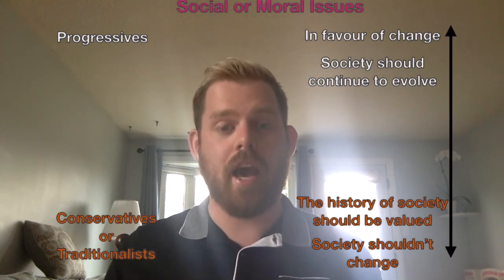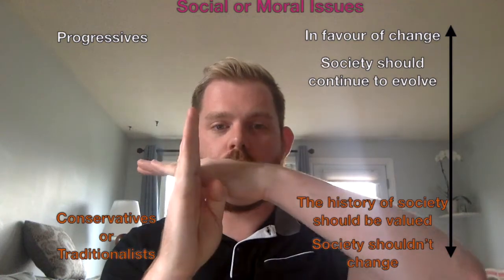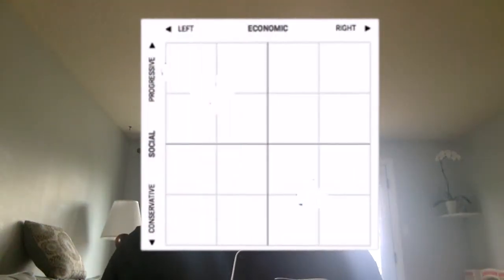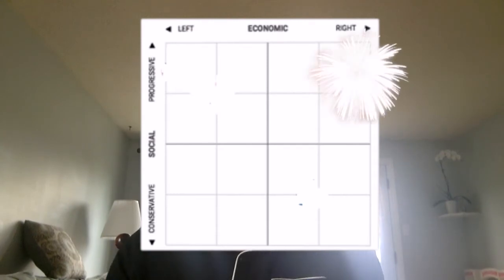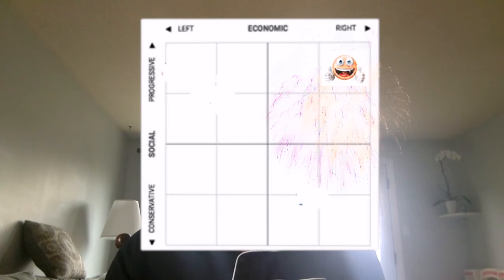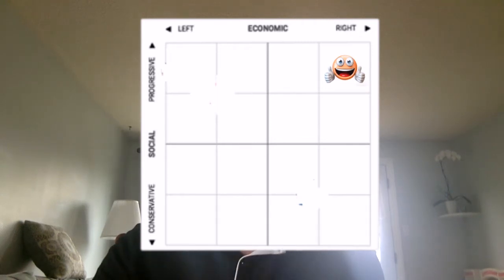The reason why you put the quadrant system like this is because you can have a right wing progressive. What that means is they want to spend little money, they want smaller government, fewer services and more individual choice, but they believe that society should change as it goes forward.